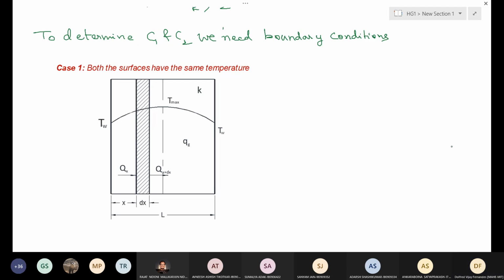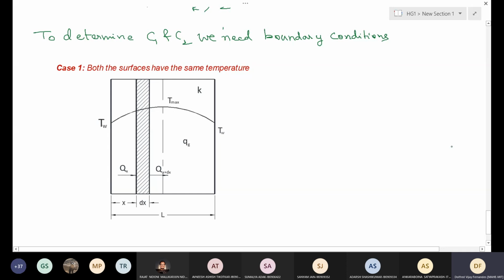Okay, right. So then you can imagine another situation where the wall is actually separating two different fluids. A heat generating wall, which is separating two different fluids, or maybe fluids having different temperatures.